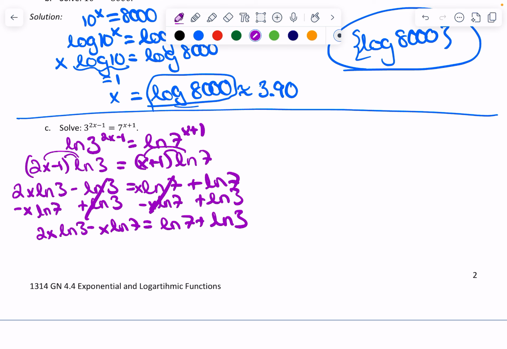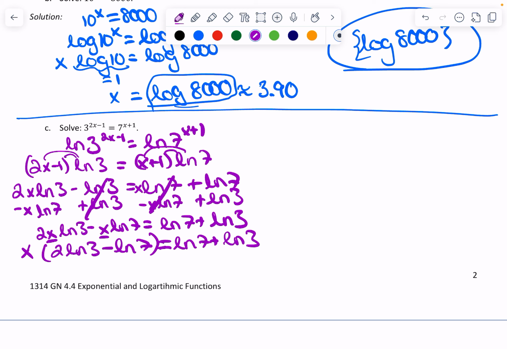Now we need to take the x out from each one because it is a common factor on the left. So when we take the x out, we end up with 2 times natural log of 3 minus natural log of 7. And on the right, we don't have any common factors, so we're going to leave it like that.